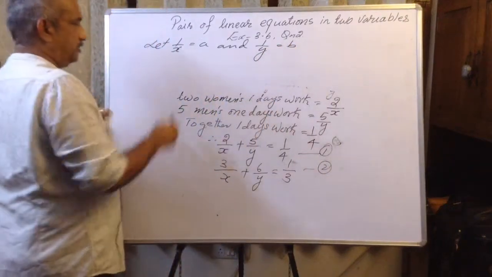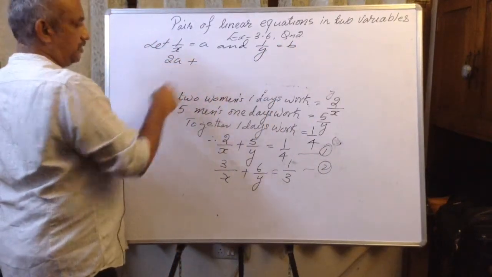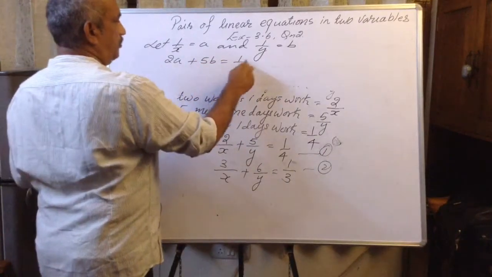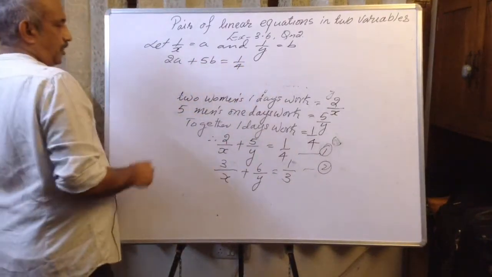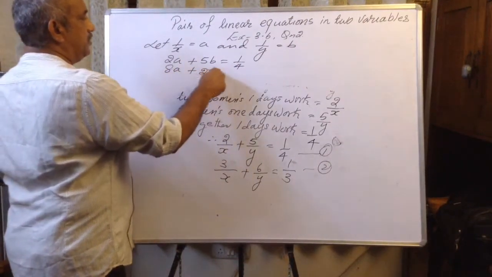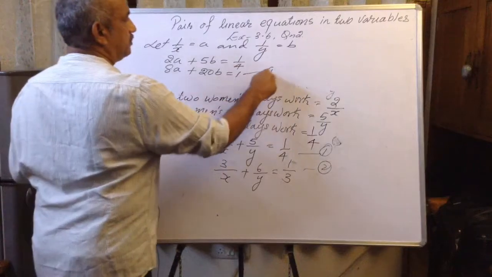So first equation, 2a plus 5b is equal to 1 upon 4, or we can take 8a plus 20b is equal to 1. First equation.